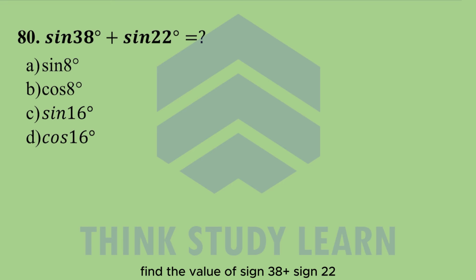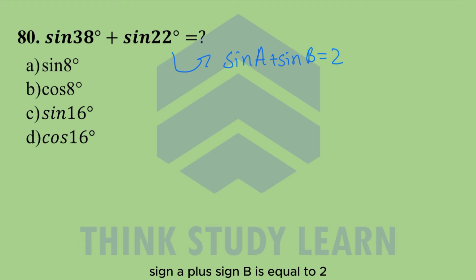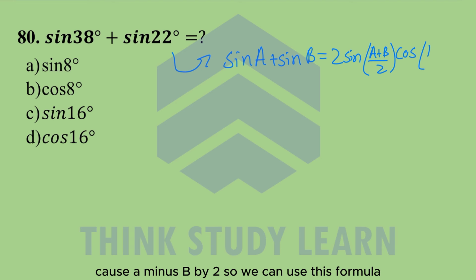Find the value of sine 38 plus sine 22. We can use the theorem sine A plus sine B is equal to 2 sine A plus B by 2 cos A minus B by 2.